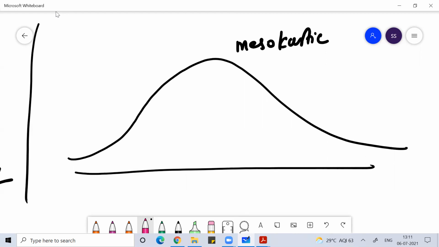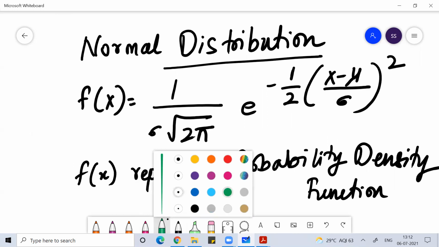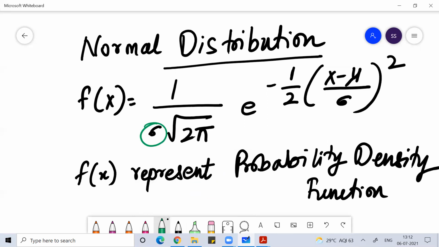When we look into this normal distribution curve, it follows this equation of probability distribution. Where this is your standard deviation, and this is your mean.